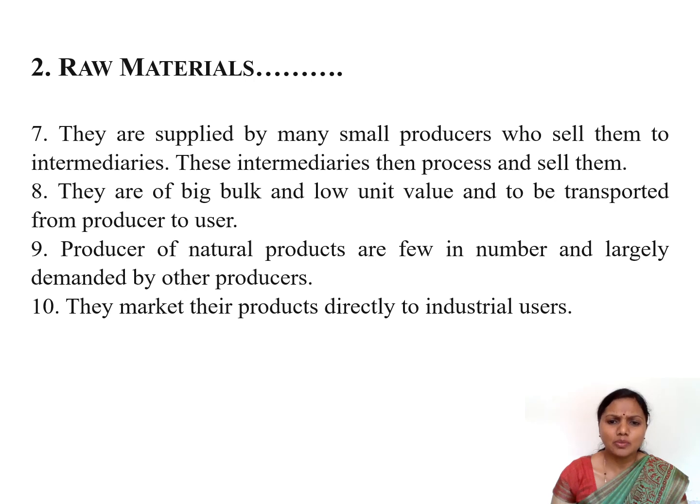Producers of natural products are very few in number and largely demanded by other producers, for example, iron ore, mining, and so on. The number of natural product producers is few, but it will be demanded by many producers. They market their products directly to industrial users.